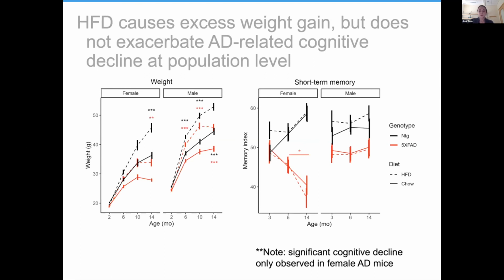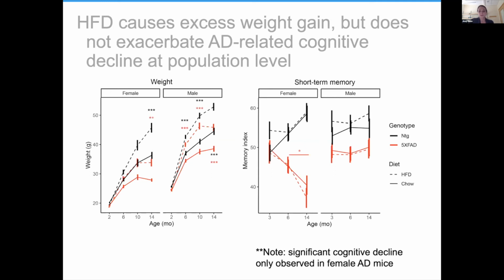And I will point out that in the dotted lines, the mice fed a high-fat diet did not have worse cognitive function, and they didn't decline faster in any group. So we weren't seeing a significant main effect of diet at a population level here. And that was somewhat surprising to us given some of the literature on diet and Alzheimer's disease.